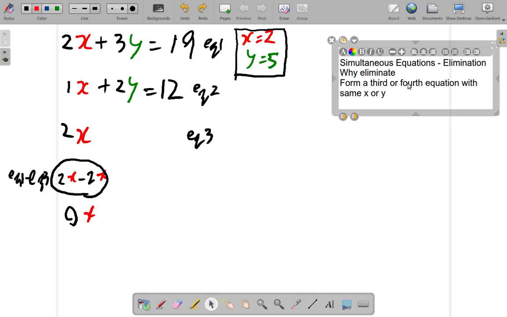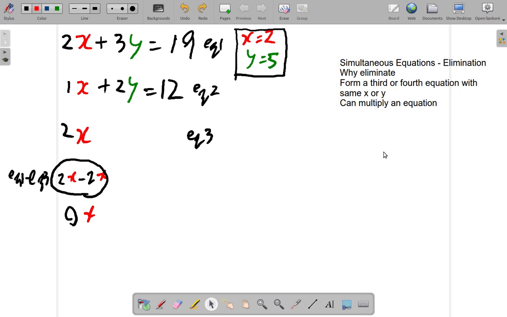Now, what can I do with equation 2? The thing is, you can multiply an equation by a number, any number you want. Now, let's take equation 2 and say I want to multiply equation 2 by, what would I multiply equation 2 by?